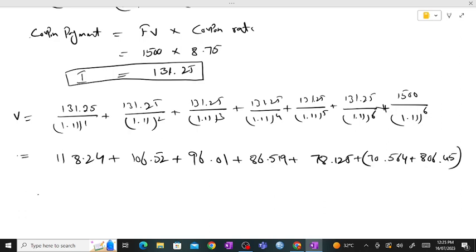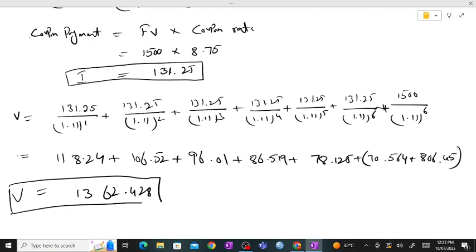So when you add them, you will get the valuation of the bond, which is 1362.428. Okay, that was formula number 1.